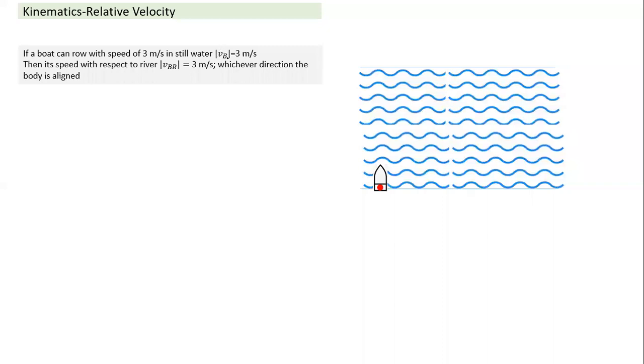But if the same boat is made to row in river water, again the 3 is the speed with reference to the water it is rowing upon. The relative speed still remains 3. It is similar to a man walking on a surface. That's what you need to understand. This expression, the velocity with reference to the surface, is constant.